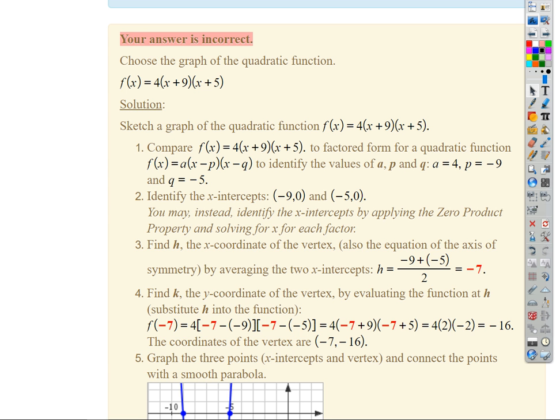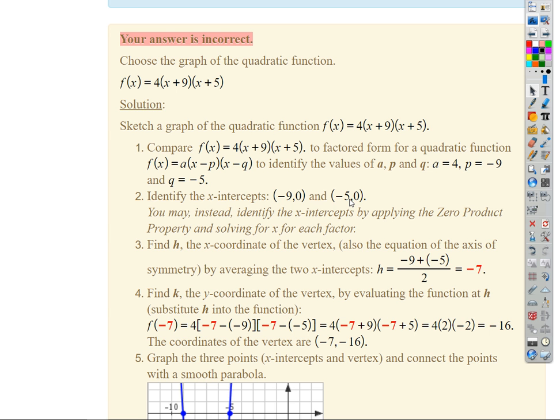If this is the function, we're comparing it to the form right here, comparing it to intercepts form, or factored form, we call it. And then we figure out what A and P and Q are. So it gives us the x-intercepts at -9, 0, -5, 0, right?